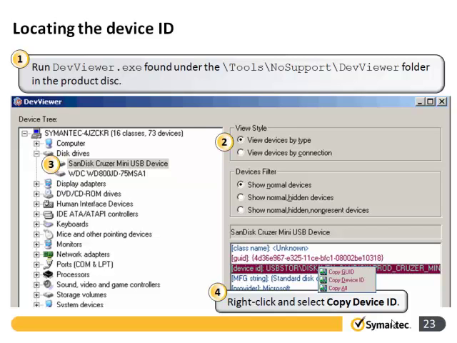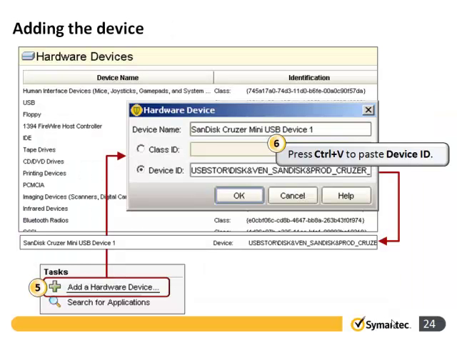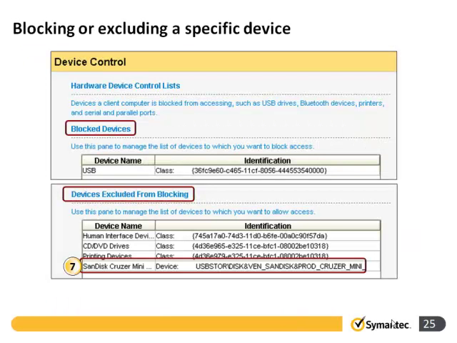Here we can find the class ID of the specific device you wish to add. And then we can add it to the hardware devices list. And then we can add that particular new device in our two sections, either blocked or exclusions.